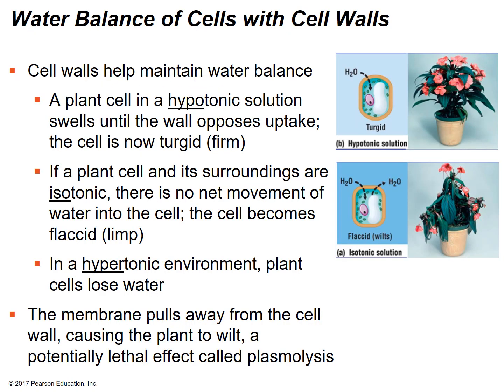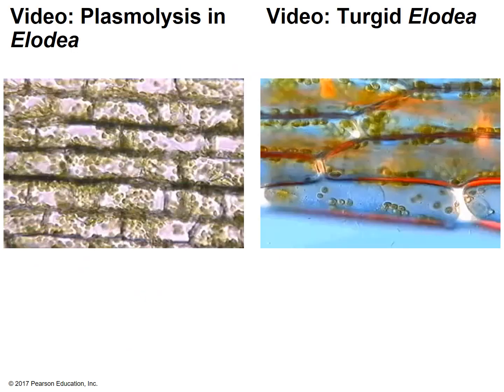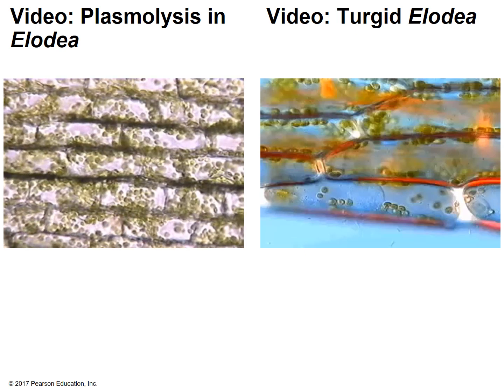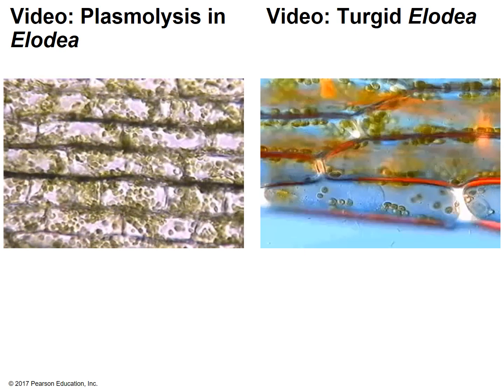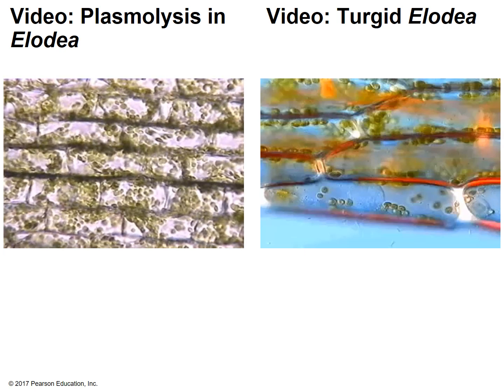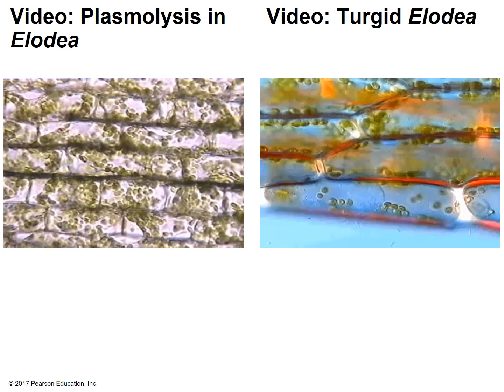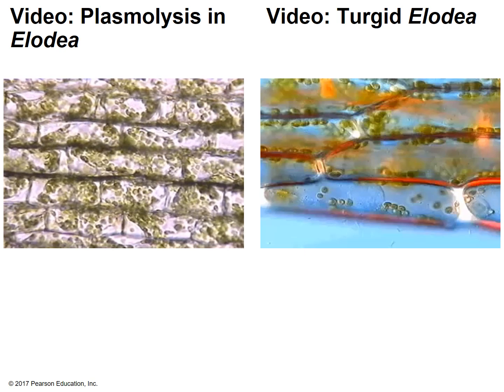In plants, we can see this, remember, they have cell walls, changing the structure of the plant. To better show this, I'd like to give you some videos. Plasmolysis is going to be caused when the cells are dried out because there's so much solute on the outside, so many hydration shells, that the water rushes outward.